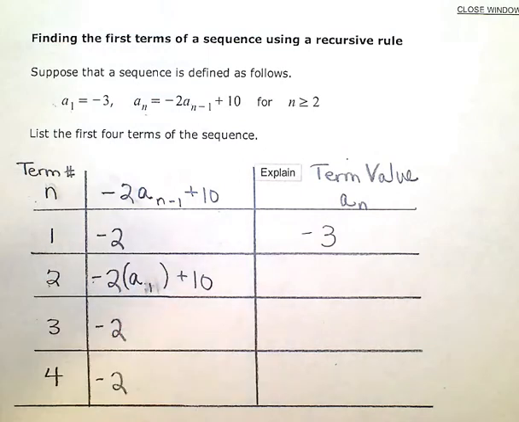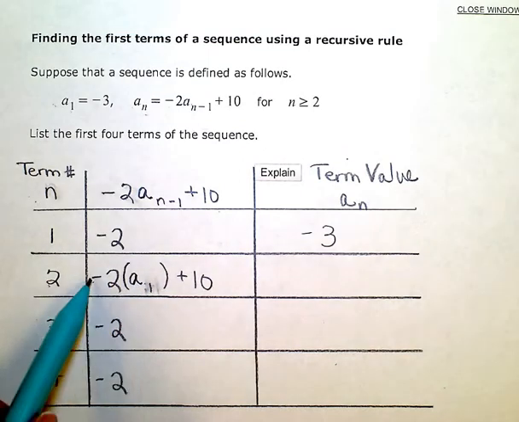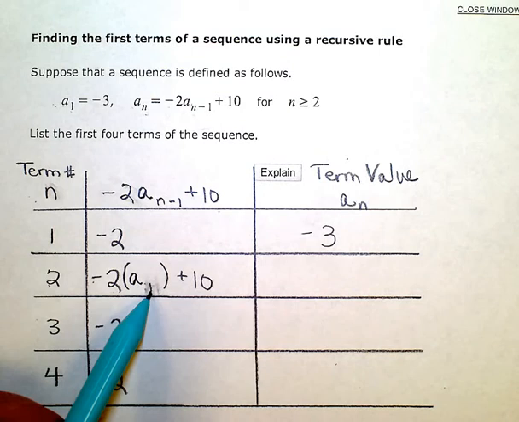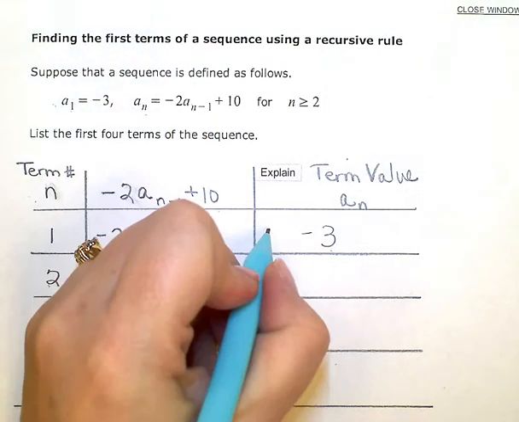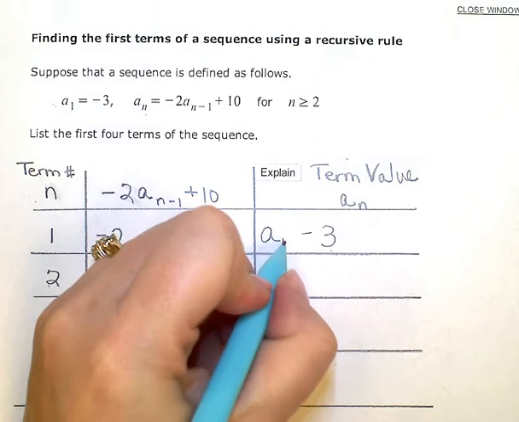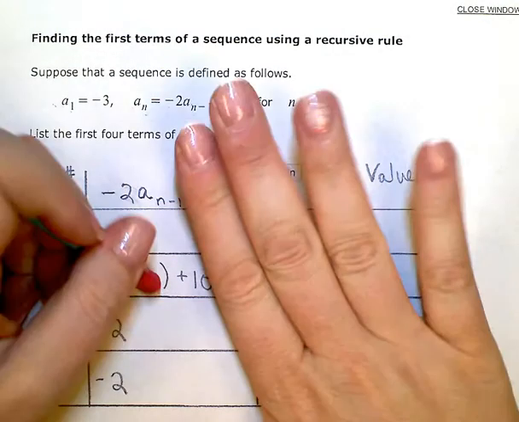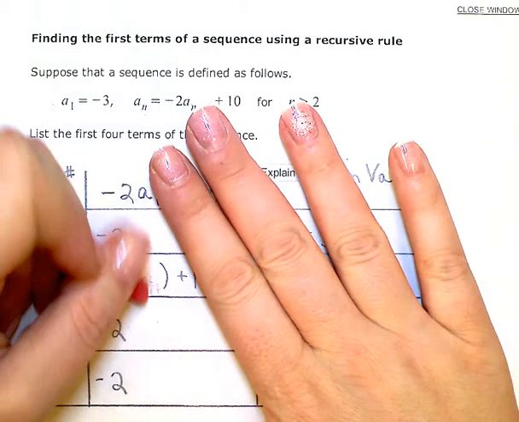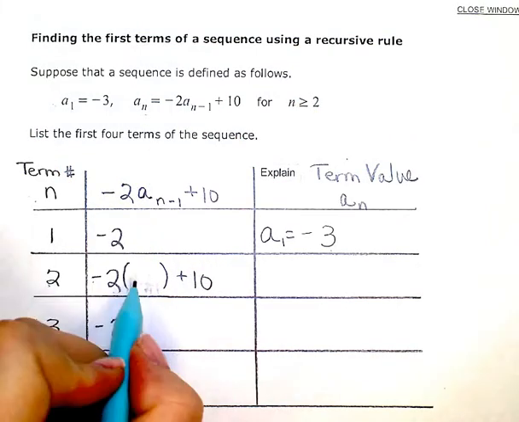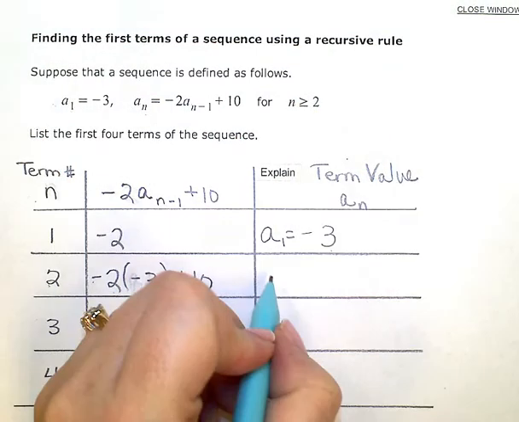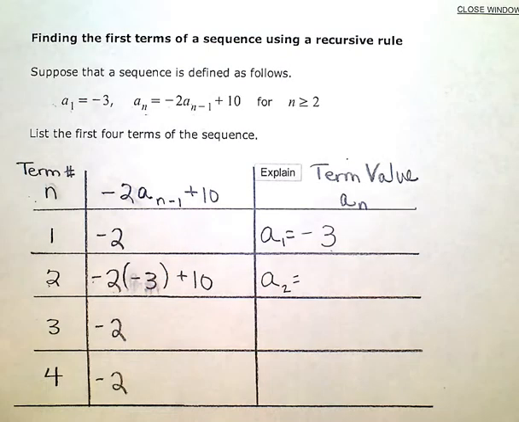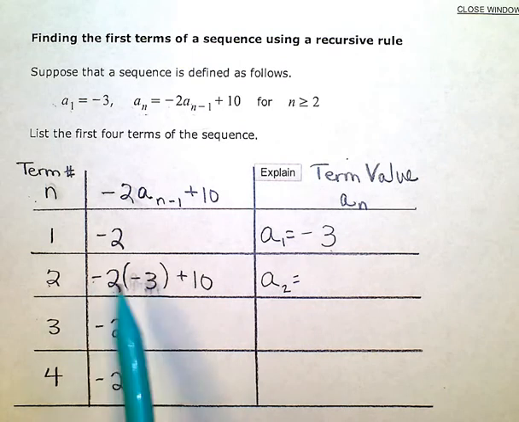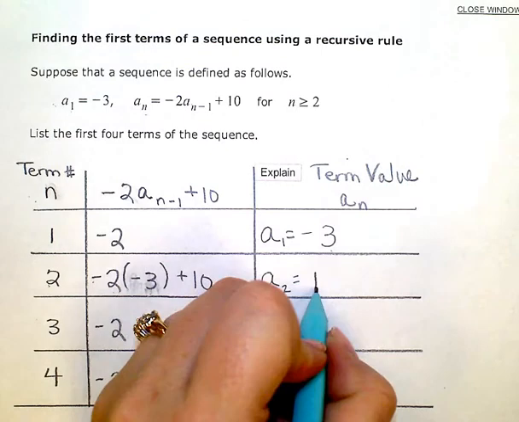So I'm really doing -2 times A sub 1, which is -3. Okay, so I'm going to erase this now and replace it with -3. This one will be A sub 2, or the value of the second term. So A sub 2 is equal to -2 times -3, which is +6, plus 10, which is 16.